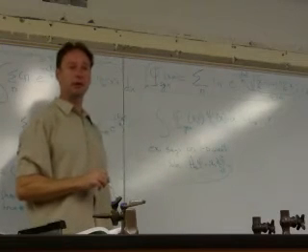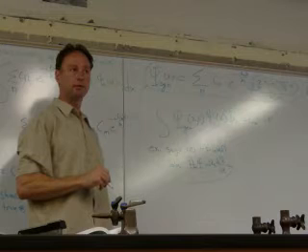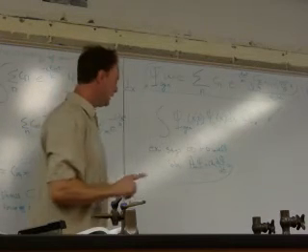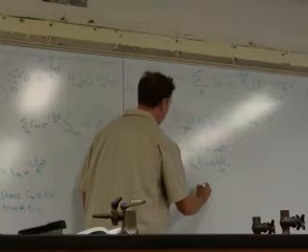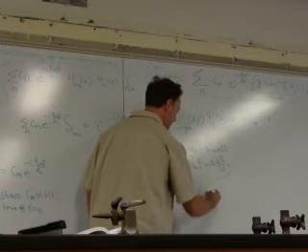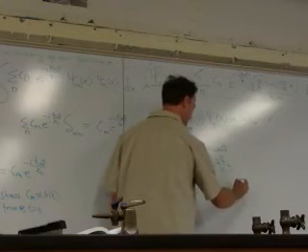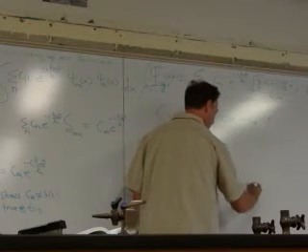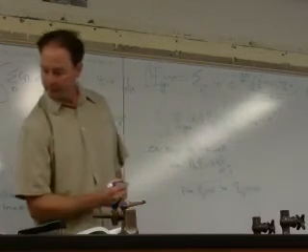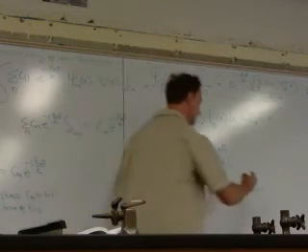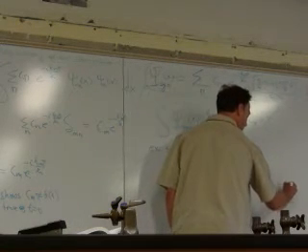Right? That's what we just got. It says find psi general of x and t, where psi general of x comma t equals 0 equals A x times (a minus x).